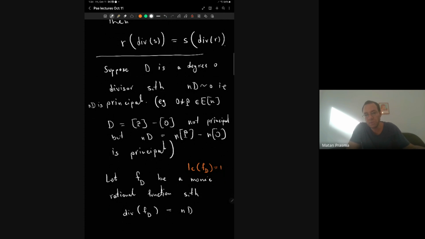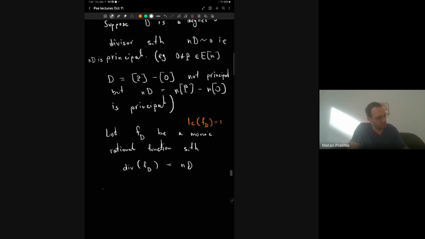So if I choose the leading coefficient to be 1, and I say that FD has divisor ND, then FD is completely determined. There's no ambiguity. And now I can do the construction.